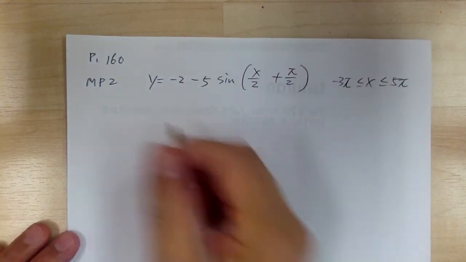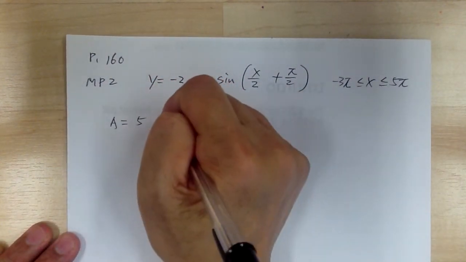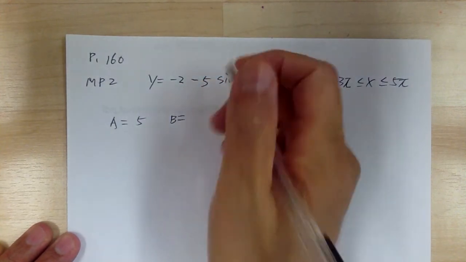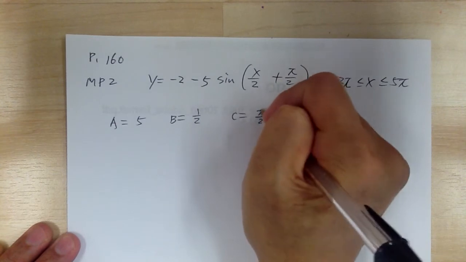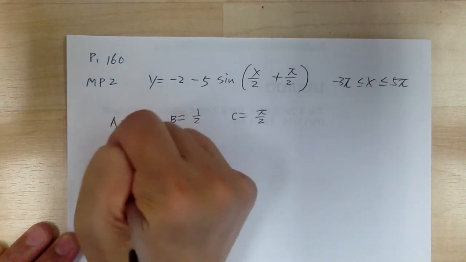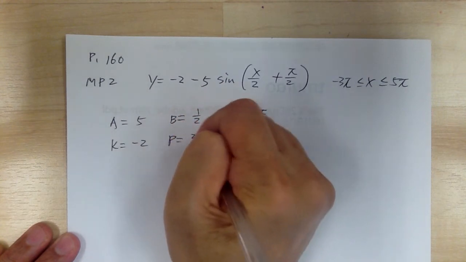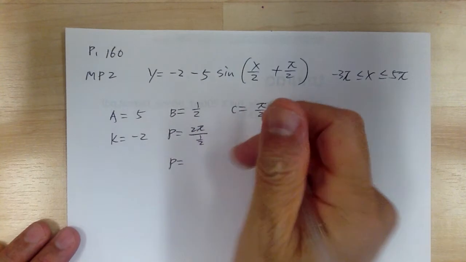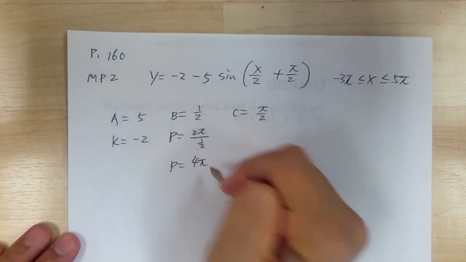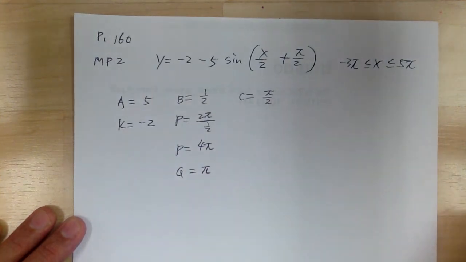So again, let's get the A, B, C. A equal to 5, B equal to 1/2, C equal to pi over 2, and K equal to -2. Period equal to 2 pi over B, so period equal to 4 pi, so Q, 1/4 of that, equal to pi.